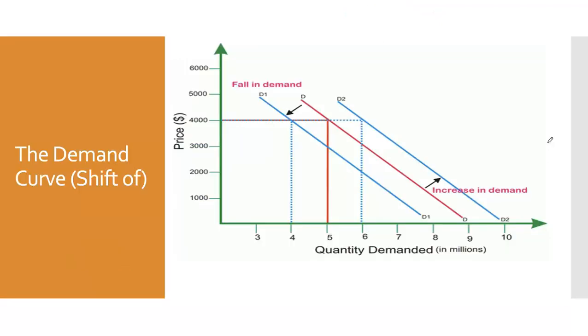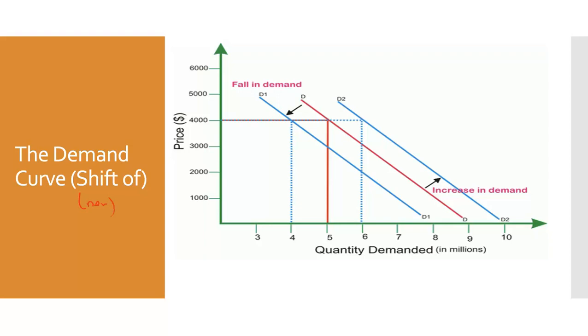Now, a shift of the demand curve is going to create a new demand curve because another factor, and we'll go through them in a second, has created a whole new demand curve. So for every price point, there is going to be a different amount of quantity demanded, because there is a new demand curve.